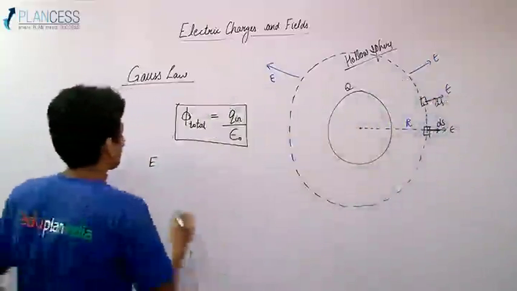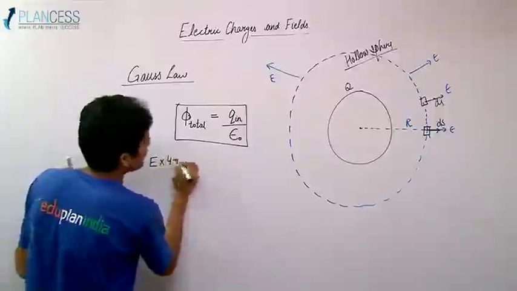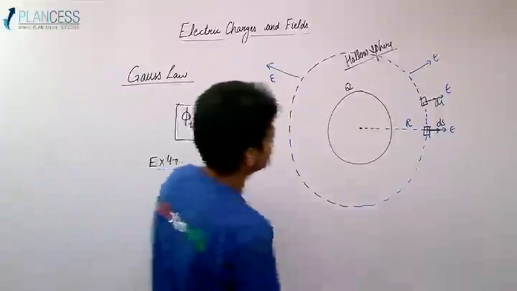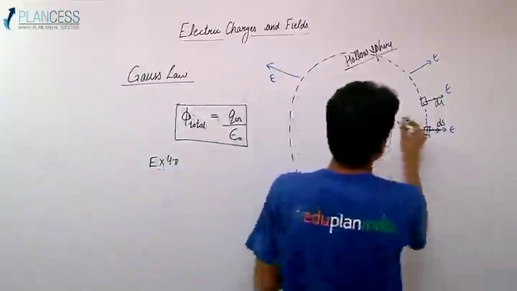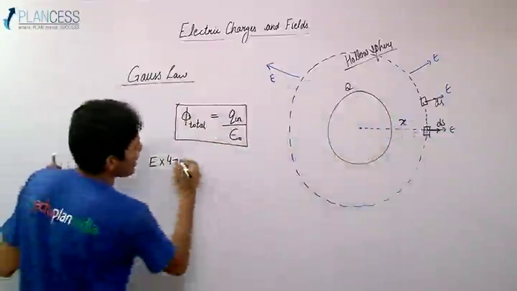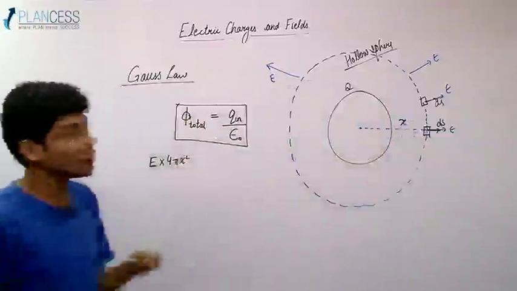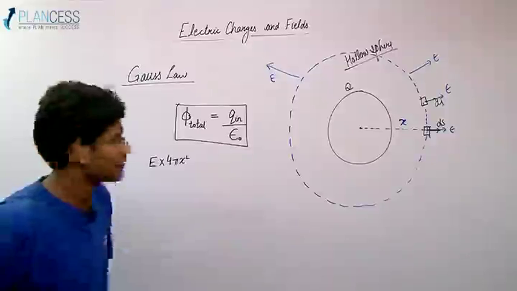So phi total can be written as E into 4 pi, sorry, this distance must be x because I am calculating at a distance x. So 4 pi x square. This is the phi total at the Gaussian surface, because in the universe only a hollow sphere is there.